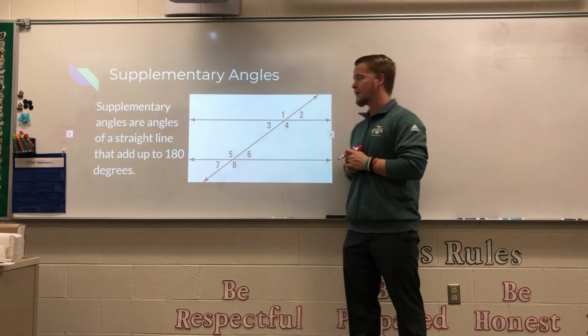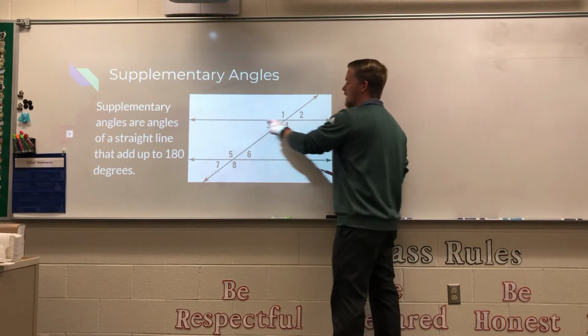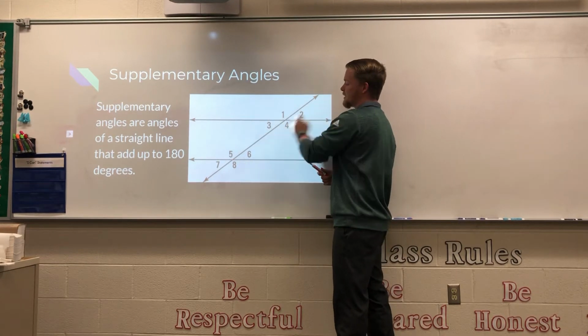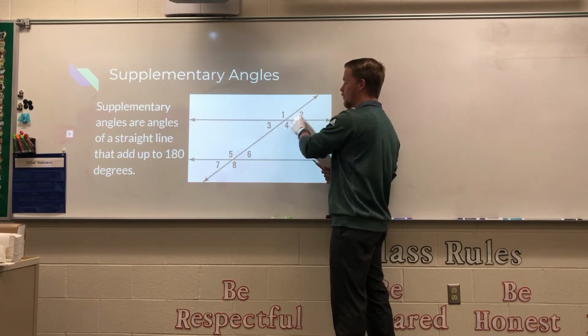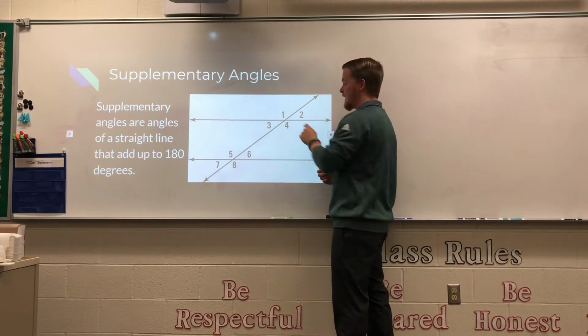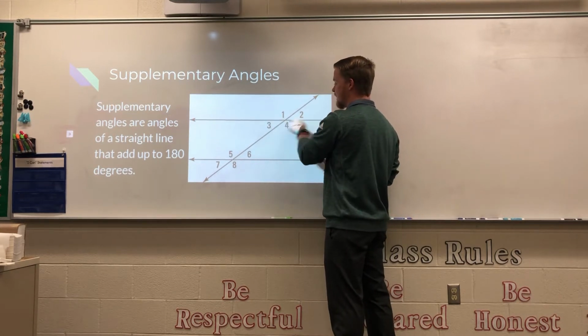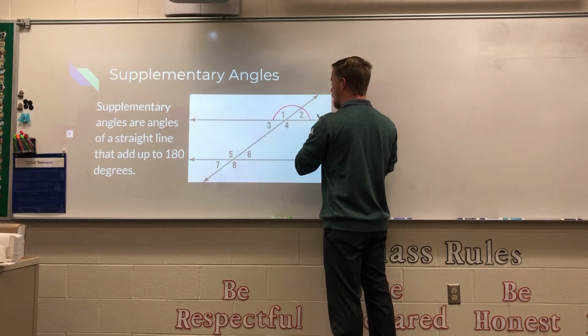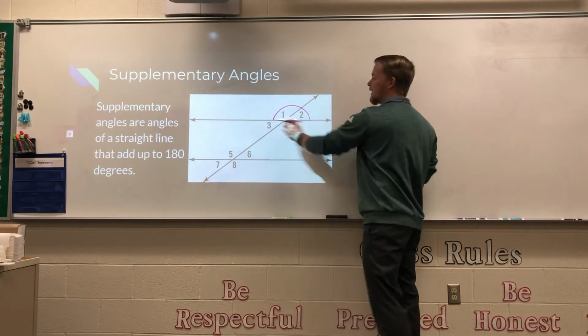But for example, what I mean by that is, this parallel line is a straight line. When the transversal cuts through it, 2 angles are formed. But that doesn't take away the fact that this is still a straight line. So 1 and 2, these 2 right here, there's still that straight line there.